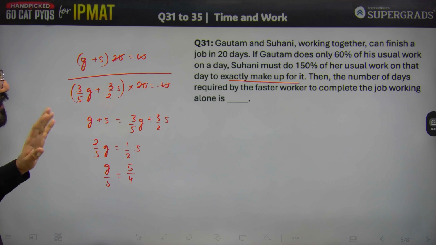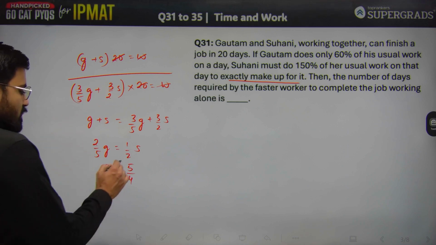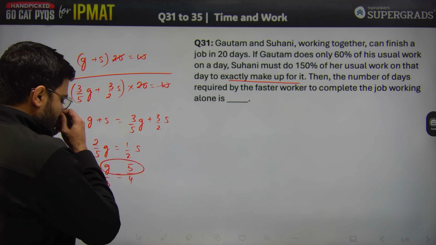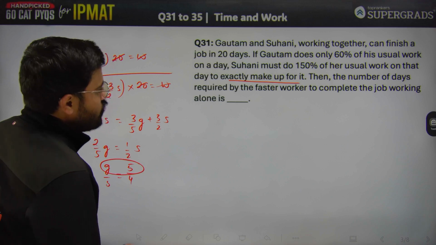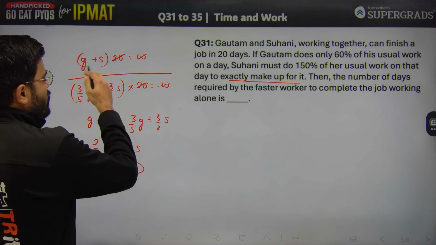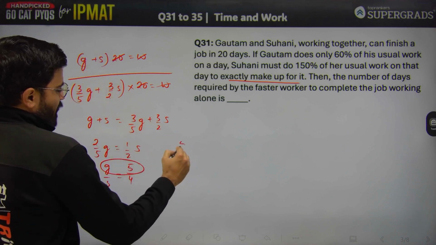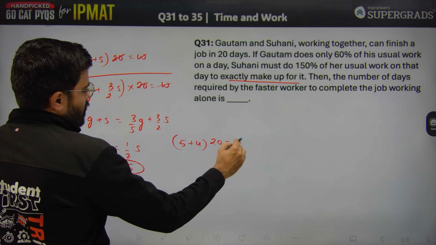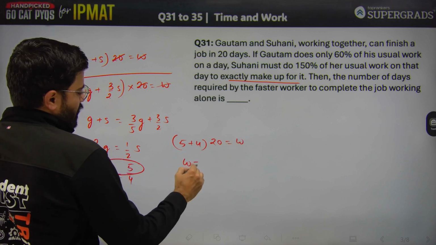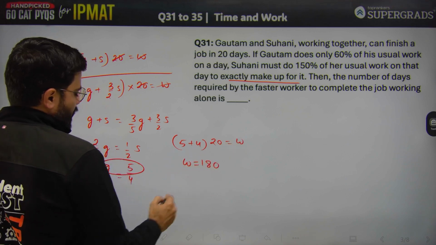Then the number of days required by the faster worker. Gautam is the faster worker because his efficiency is higher. So let's calculate the total job. 5 plus 4 multiplied by 20 is your total work, so work is equal to 180.